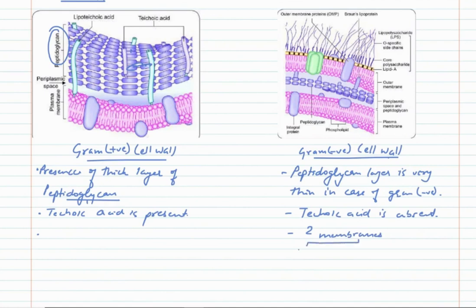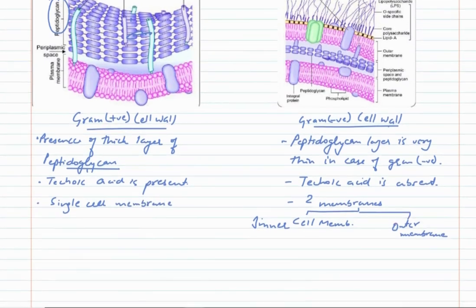One is the inner cell membrane, and we have an outer membrane. So there is an inner membrane and an outer membrane, whereas there is a single cell membrane in the case of gram-positive bacteria.